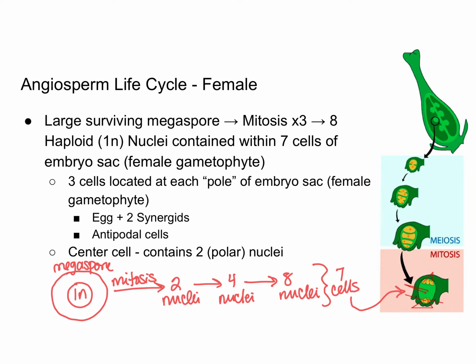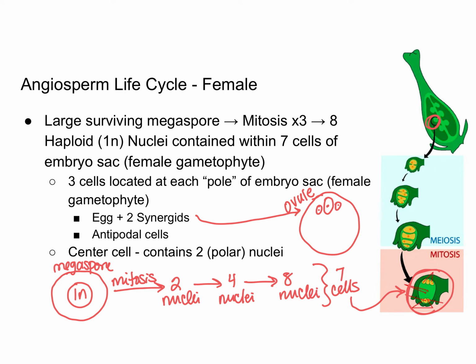So if we take a look at one of these ovules here, and that's what this is showing here as well, I'm going to kind of draw it on its own out here. So if this is one of those ovules, within that ovule, there are going to be 7 cells. On one end of the cell, there's going to be an egg cell with a nucleus and 2 synergids, which are kind of smaller helper cells.